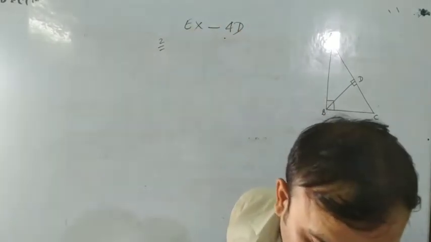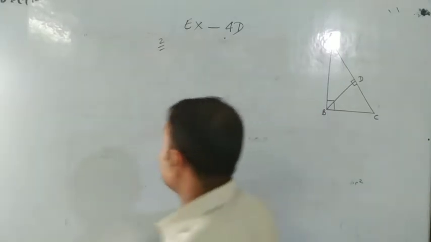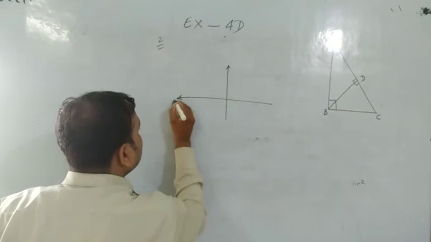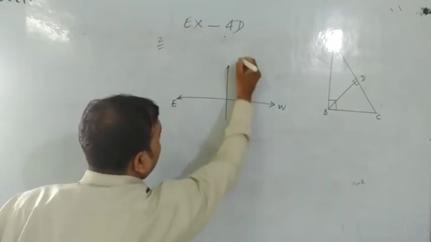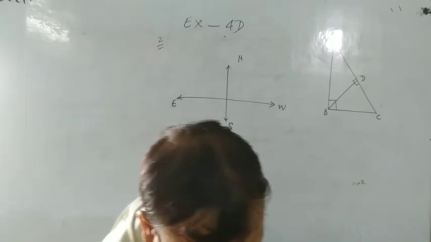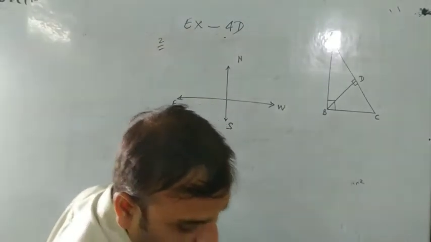A man goes 80 meters due east. Here are east, west, north and south.